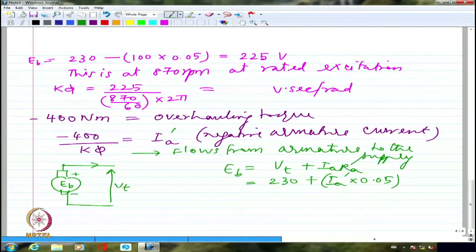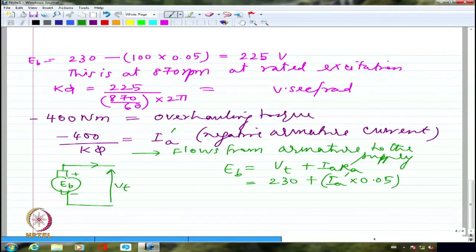If I don't have a variable voltage, the only way it can work is having the terminal voltage as a constant, which is what happens in most of the DC motor drives. If you cannot decrease the terminal voltage, what are you going to do? The only way it can happen is if your armature voltage, back EMF, becomes higher than the terminal voltage.